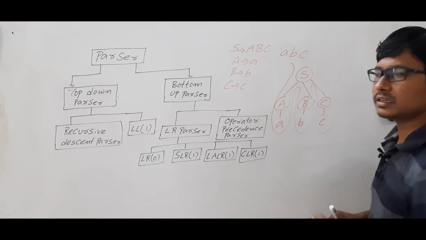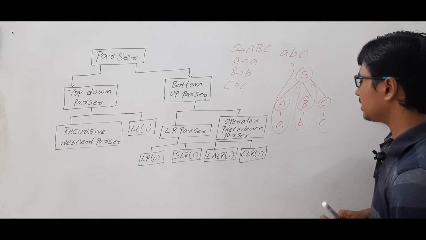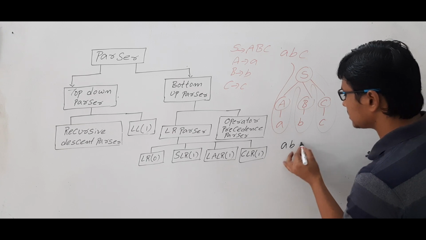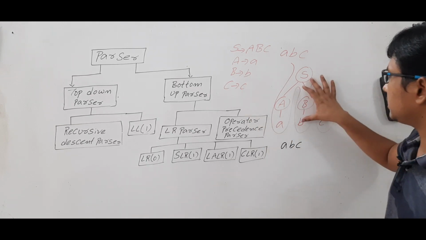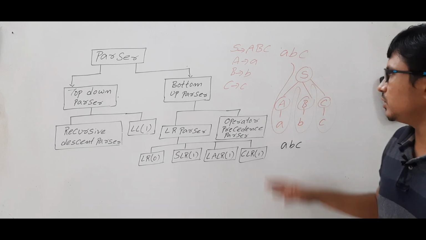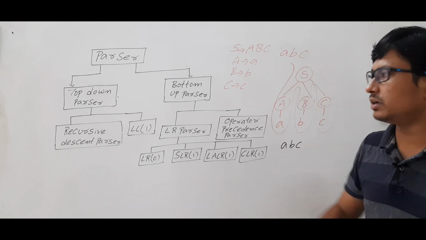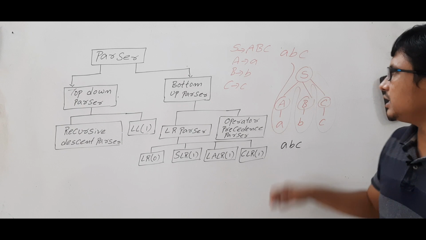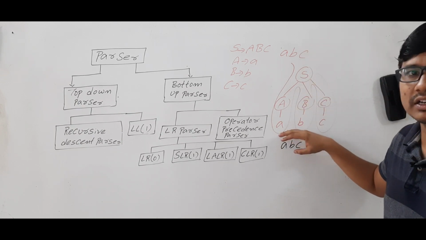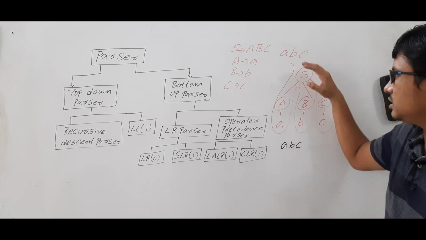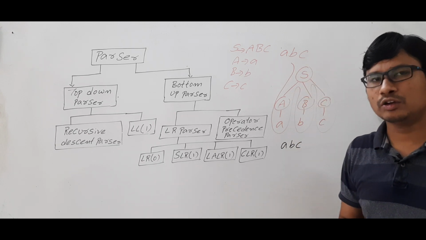Whenever it gets a terminal, it will write a, b, c. So this is the string you want to generate and you have generated using this parse tree. And this parsing we will call a top-down parser. Why? We have started from a start symbol and we have ended with a terminal. So this process we will call a top-down parser.